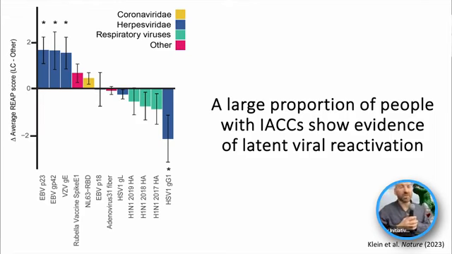We also published in Nature in 2023 showing that in comparison to healthy controls, a high proportion of people with long COVID will also show evidence of reactivation of latent viruses. CMV, Epstein-Barr virus, a variety of herpes viruses are reactivating in the bodies of these folks.